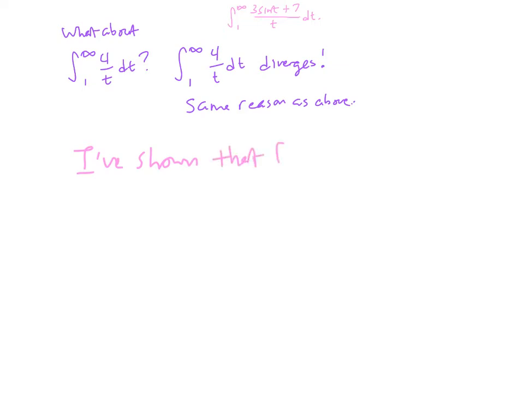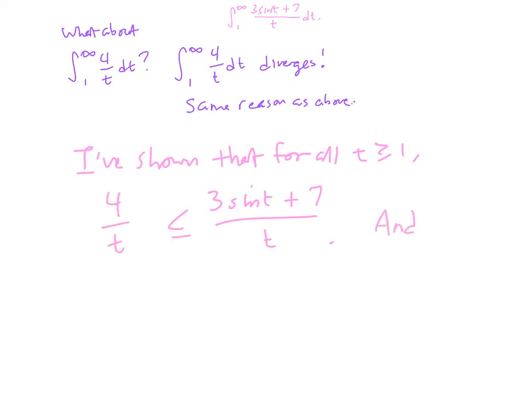that for all t, certainly all t greater than or equal to 1, that 3 sine of t plus 7 over t is greater than or equal to 4 over t. And the integral from 1 to infinity of 4 over t dt, that diverges.